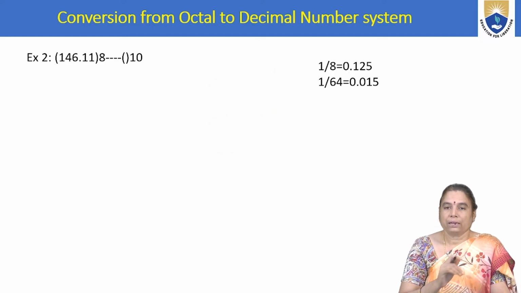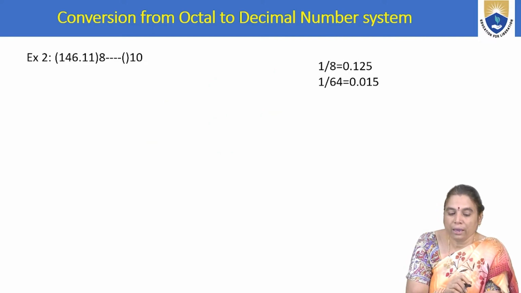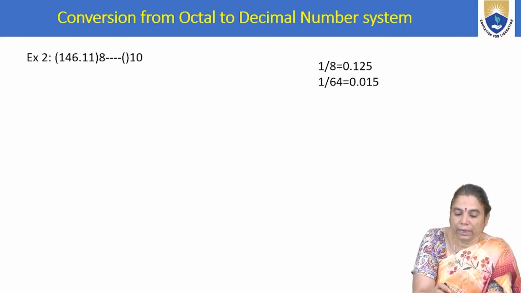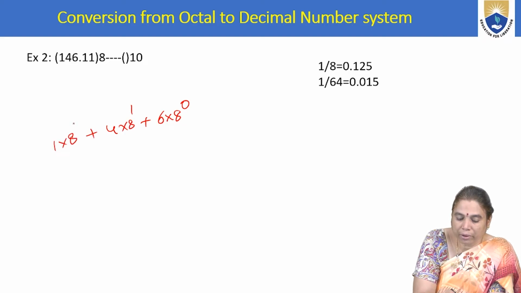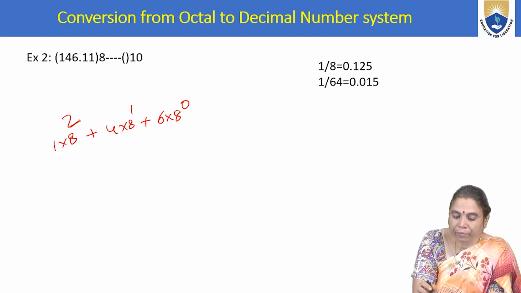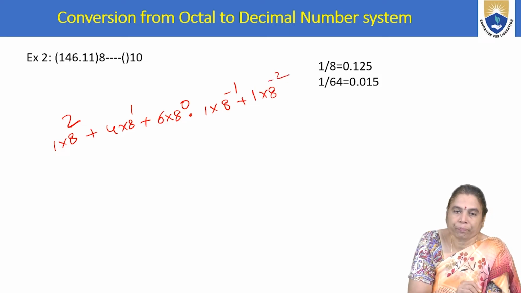In a similar way, the fractional positions can also be used. So here, to convert 146, you know that 6 into 8 power 0 plus 4 into 8 power 1 plus 1 into 8 square. Then after the point, 1 into 8 power minus 1 plus 1 into 8 power minus 2.